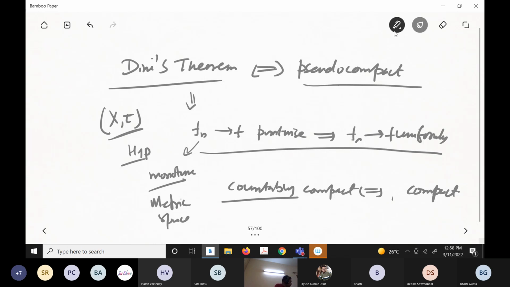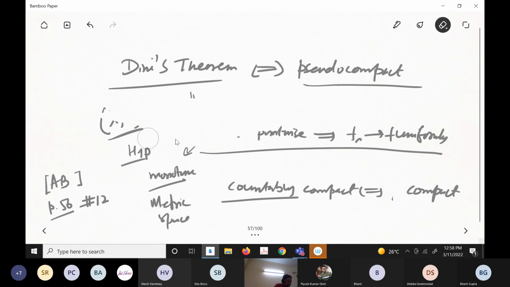But here the proof is not easy, but you can have a different proof just for the metric space. In Ali Francis Burkinshaw, look at page 56, number 12. Look what this problem is saying.